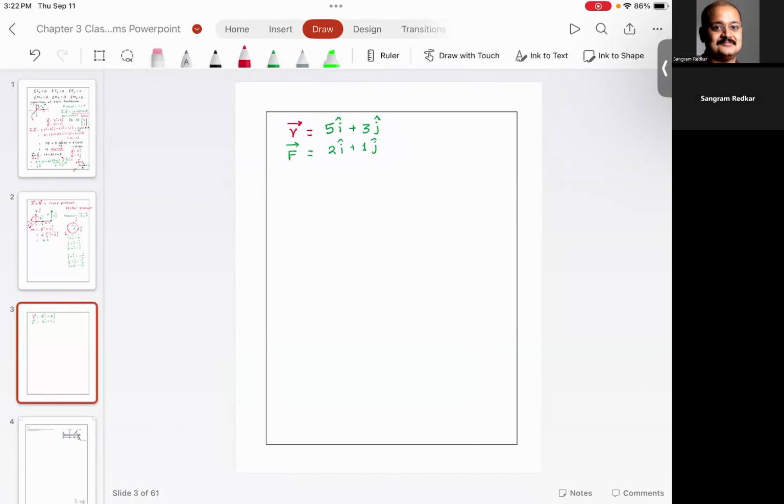So this is the radius, and this is the force. Now I want to find the cross product, or in other words, the moment.